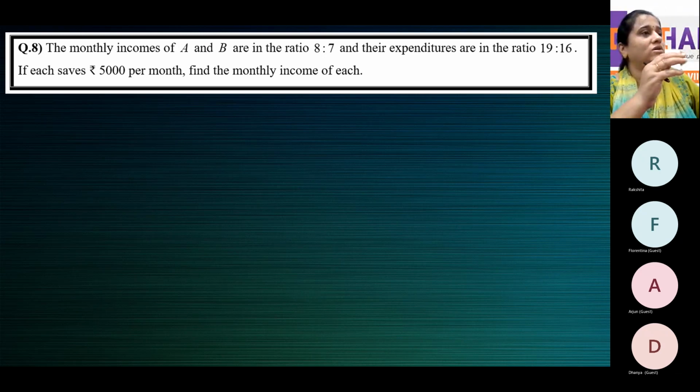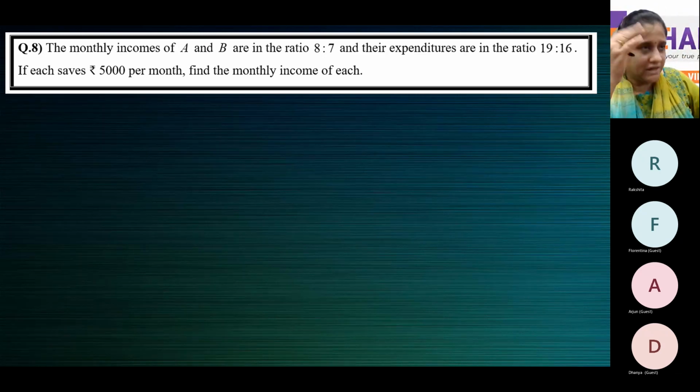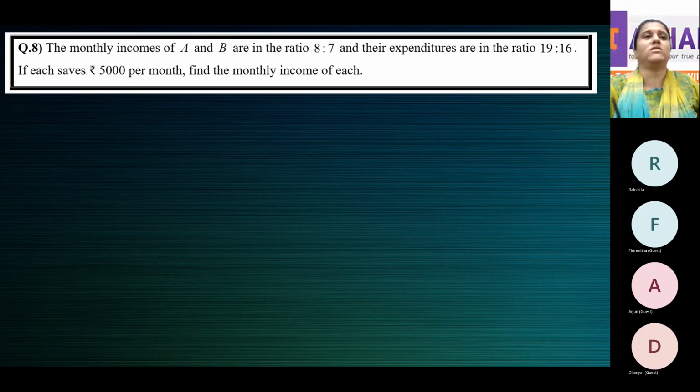Savings is equal to income minus expenditure. Whatever you get home, minus whatever you spend. If each one saves 5,000 per month, find the monthly income of each.